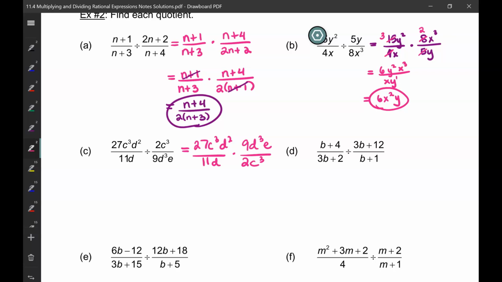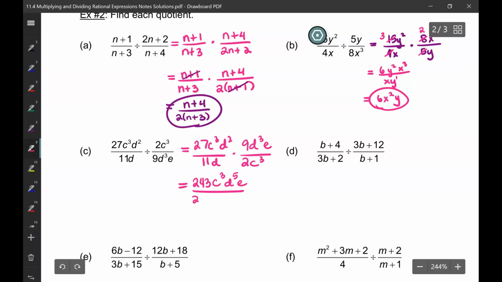Now, this has multiple terms, so actually I'm going to multiply these across. So I have 27 times 9, so that's 243. And then I have c to the third, d to the fifth, because I have d squared and d to the third, e, over 22. And then I have c to the third, d to the first.